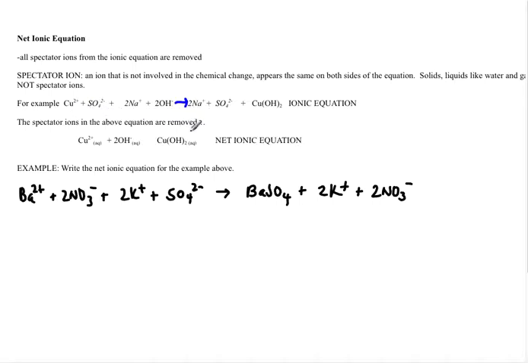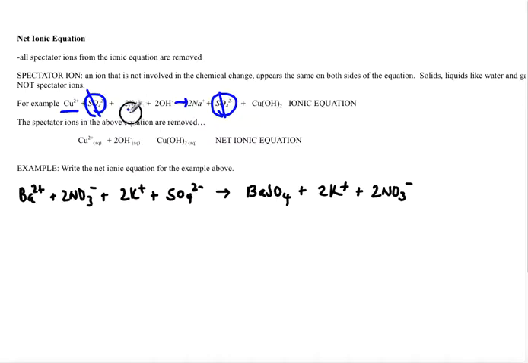So in the copper sulfate sodium hydroxide example, if I look at the copper, before it was copper 2+, and now it's part of this ionic compound. So it has changed. It's not in the same state as it was before. The sulfate, however, SO4 2-, is identical before and after the reaction. So this is what we call a spectator ion. It's not changing, it's simply observing the reaction that's occurring.